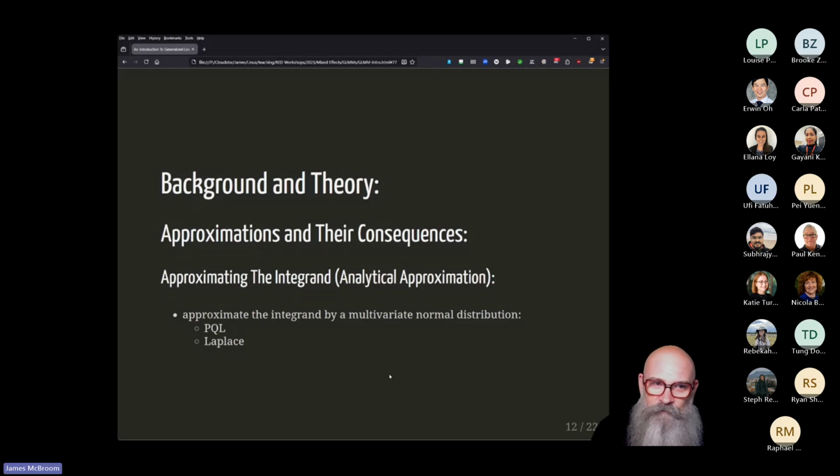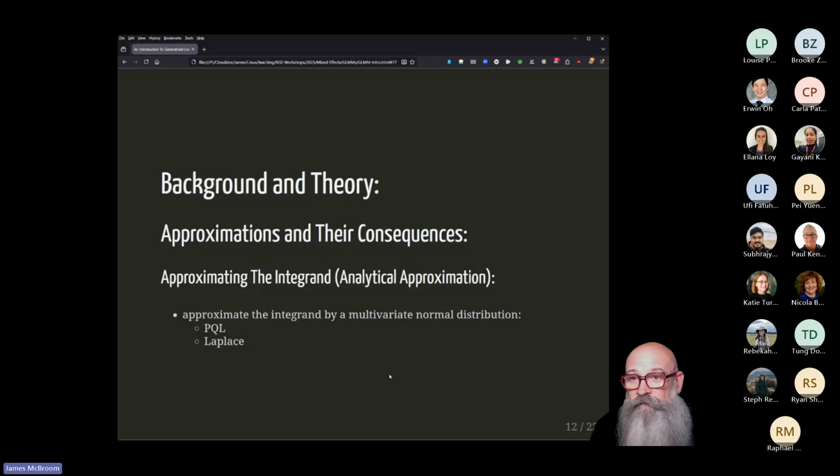Now, the Laplace integral approximation kind of has a foot in each of the camps, actually. You can view it as an analytical approximation because it does clever things to your integrand in order to make the integral work for you. But it is actually also a special case of very simple Gaussian quadrature as well.